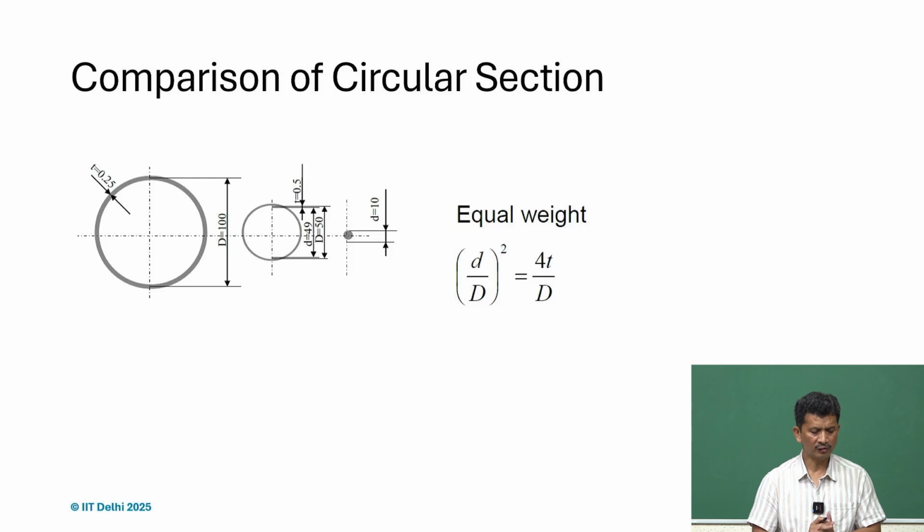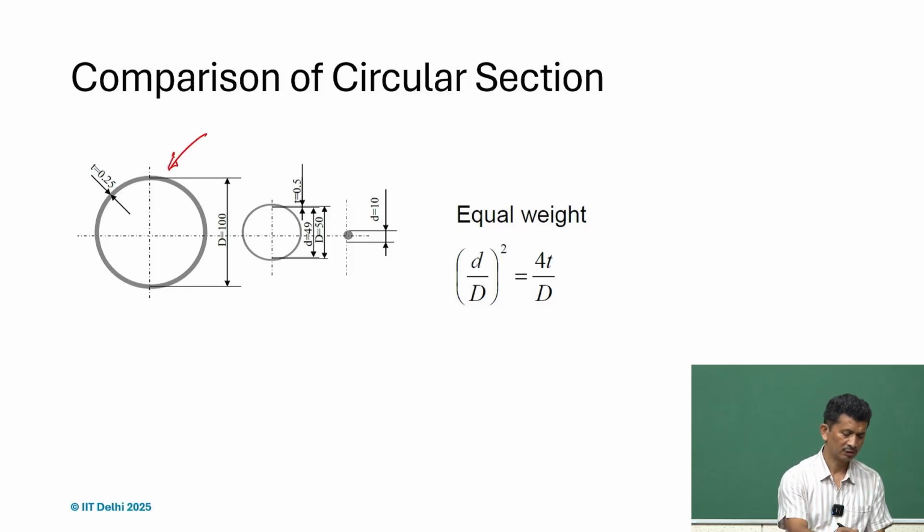So, if we want to compare the circular sections using different criteria, we can think of a thin tube. So, here is D 100 millimeter and thickness is 0.25 millimeter, other is D 50 and D 49 and T is 0.5 millimeter.